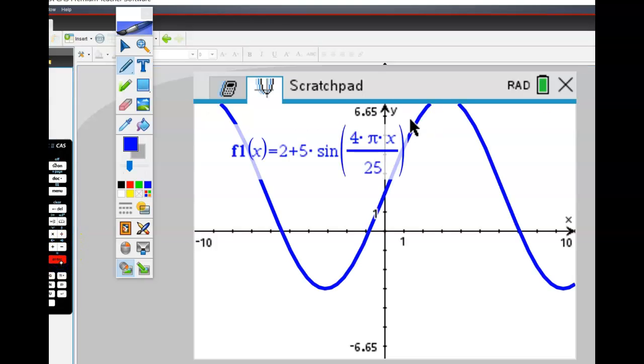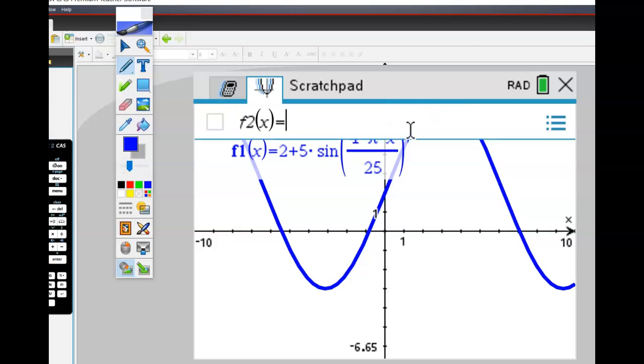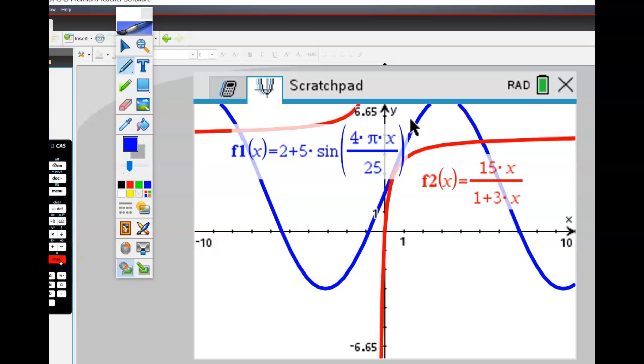Okay, and if I hit enter, I get a graph like that. And then my second function is 15x divided by 1 plus 3x squared, and that gives me my second function, which looks something like that.